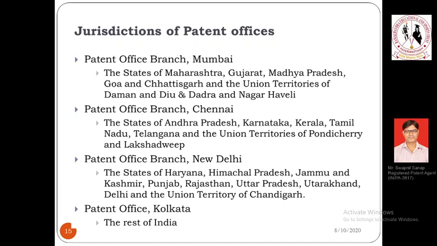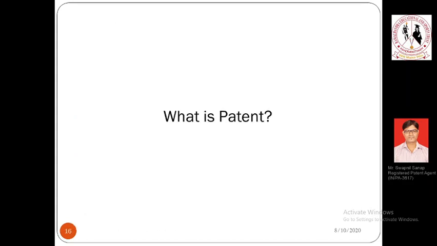Similarly, the patent office in Kolkata, like I said, covers all the states and places which are not covered under these branch offices, for example Arunachal Pradesh, Sikkim, Manipur, and all those states. So people sitting anywhere across India can file a patent in any of these patent offices, but preferably in the specific jurisdictions mentioned here.